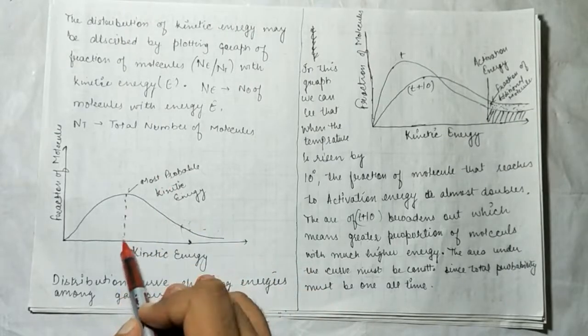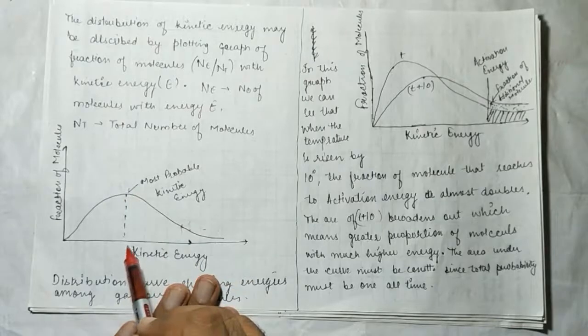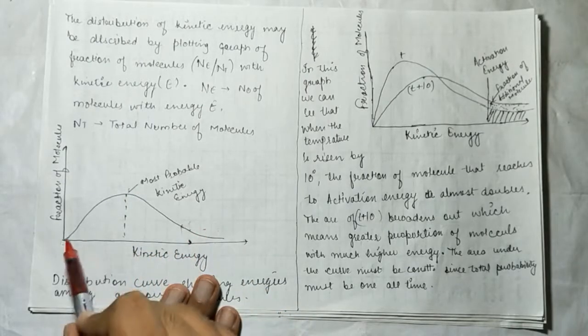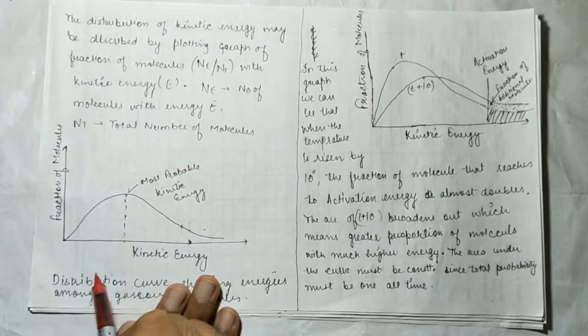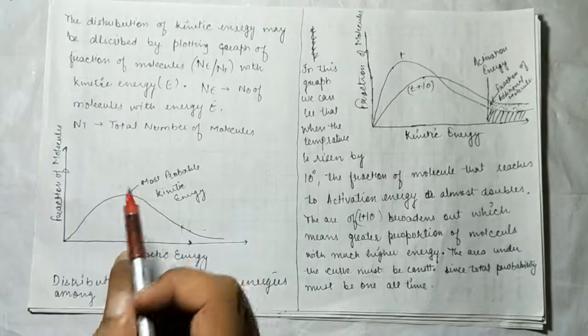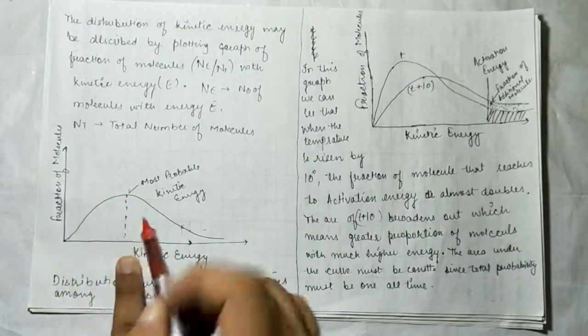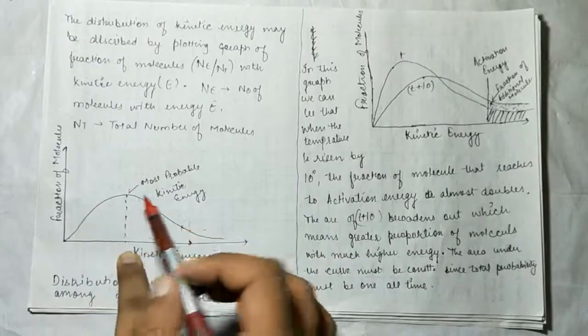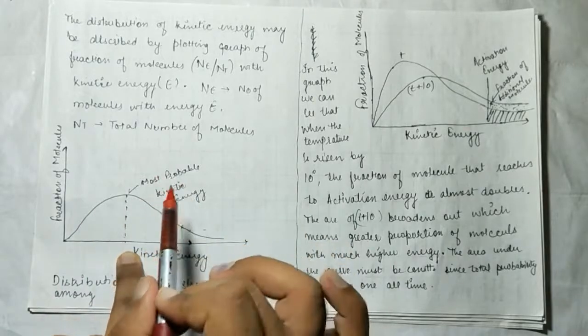But in this peak you can see the kinetic energy in between this value and this value. So this is the kinetic energy that most of the molecules are having.